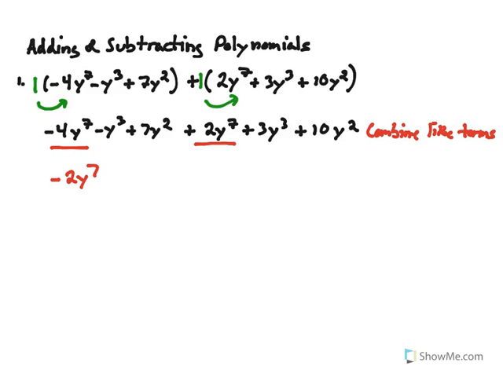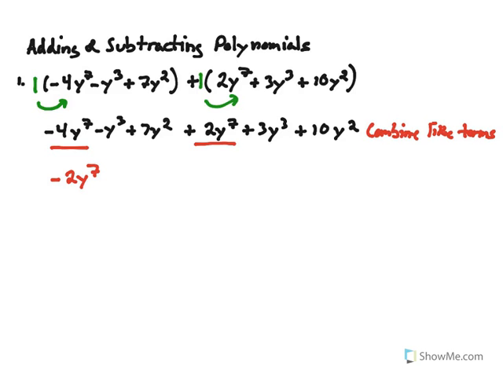y to the 7th. You don't add the exponents. You do that when you multiply terms. We're not multiplying terms here. We're simply adding or subtracting the coefficients. And in order to do that, the variable that's attached to that coefficient should have the same exponent with it.